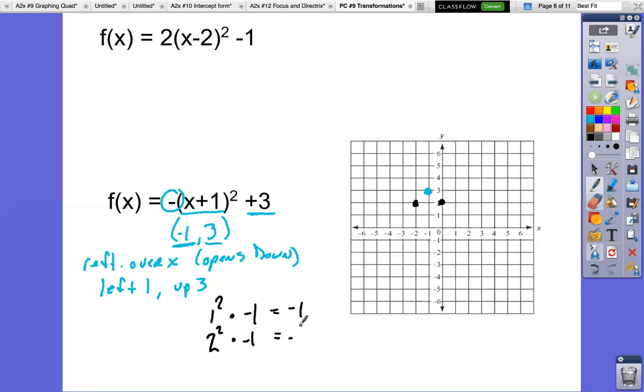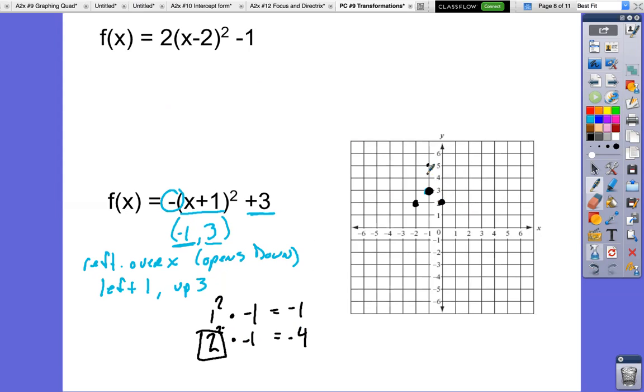This is instead of making the table. So from the vertex, if I take 2 horizontal steps, all I have to do is square it, and the horizontal means left and right, right? Square it and multiply by my a value. So 2 squared is 4 times my a value, which is -1, is -4.